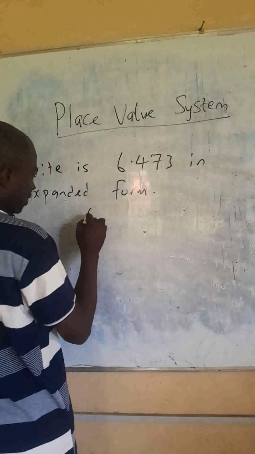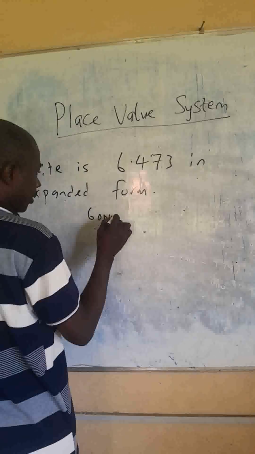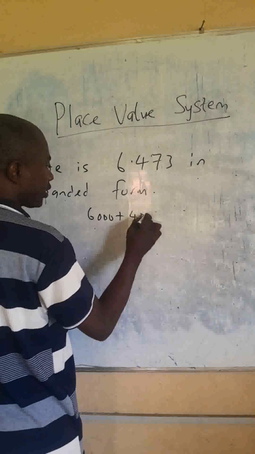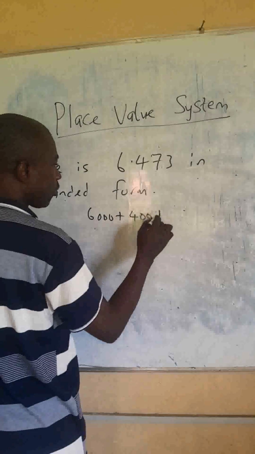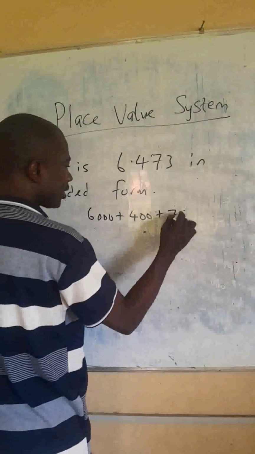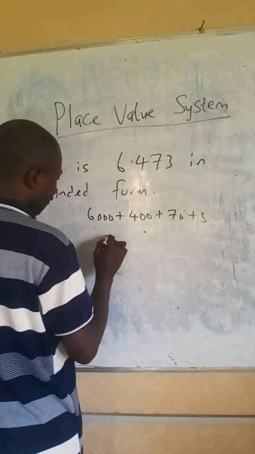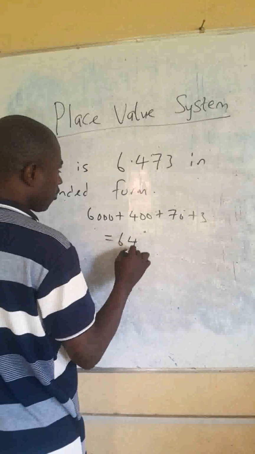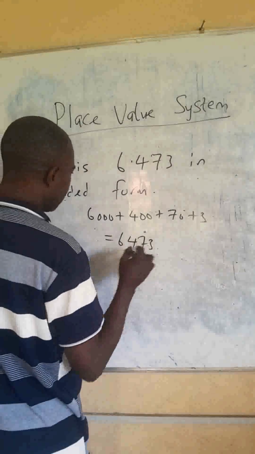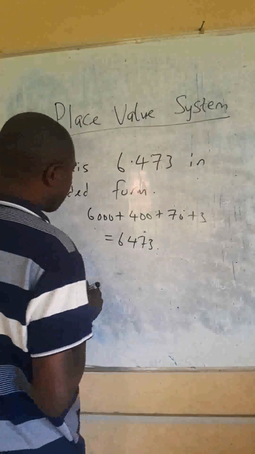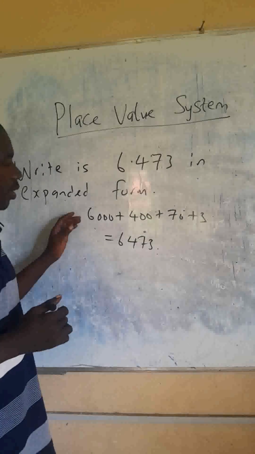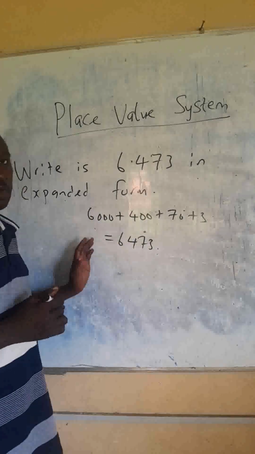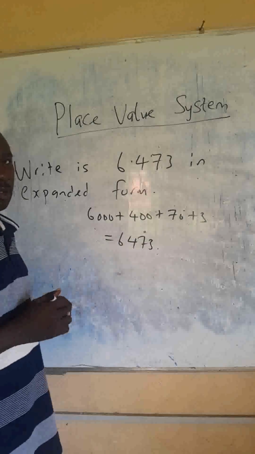So this one becomes 6,000 plus 400 plus 70 plus 3. If we add it together, you're going to have 6,473. So we have put it in expanded form. This is how to write it in expanded form.